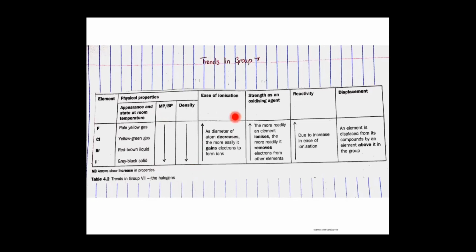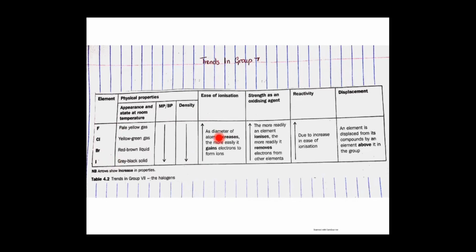All right. With regards to ease of ionization, the smaller the atom is, the easier it is to gain an electron to become a negative ion. Metals become positive ions, non-metals become negative ions. As you go up the group, the atoms get smaller. Fluorine is much smaller in comparison to iodine. Fluorine will become an ion faster than iodine because of the size, or the diameter, of the atom.